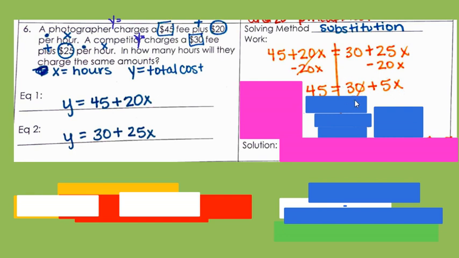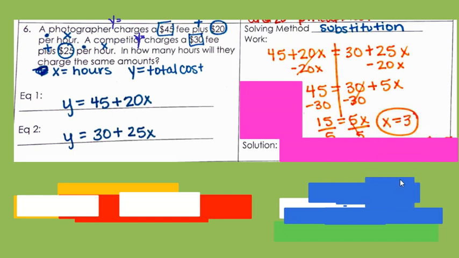Now we're going to move our constant 30, so we subtract 30 from both sides. 45 minus 30 is 15, and 30 minus 30 cancels out, leaving us with 5X. Last step, divide by 5. The 5 cancels out, getting X by itself, and 15 divided by 5 is 3.